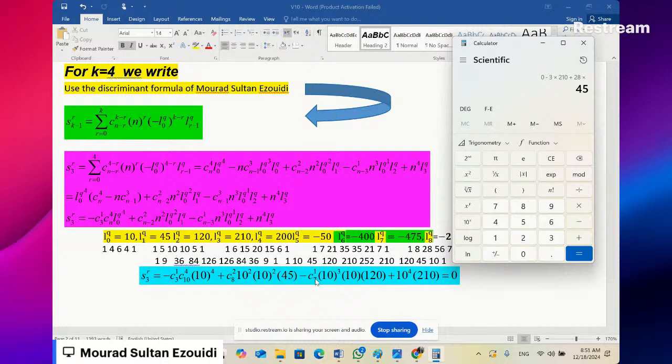Minus 7 multiplied by 120, then plus 210. So this one, my kids, is equal to 0, and 0 multiplied by 10 raised to the power 4 is 0.